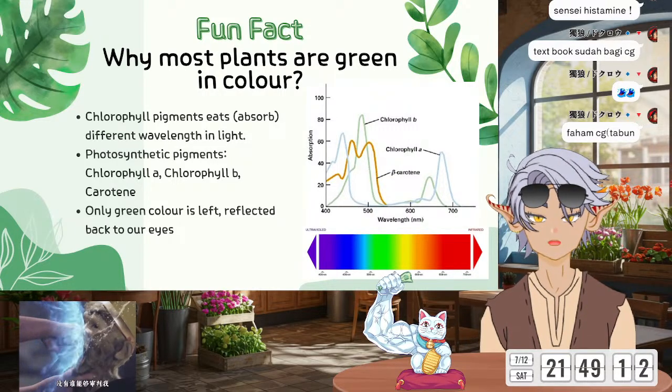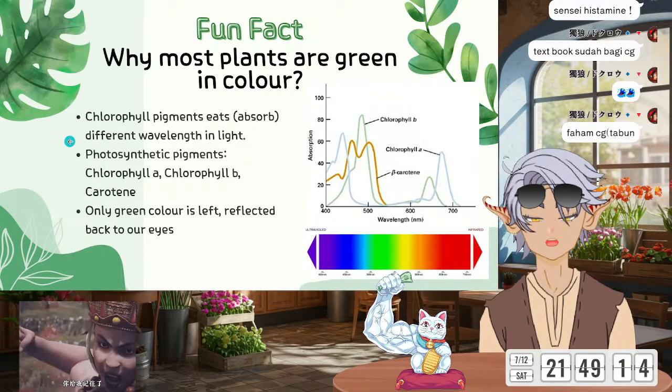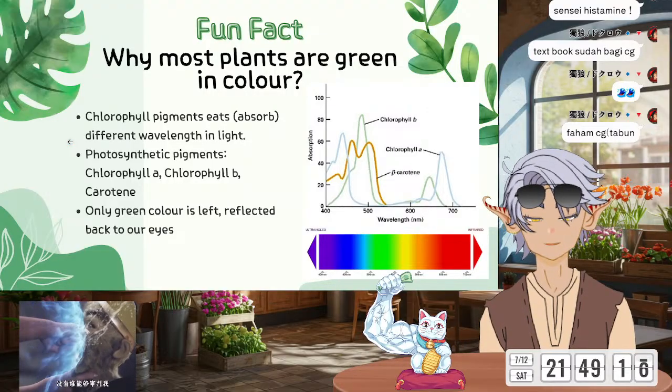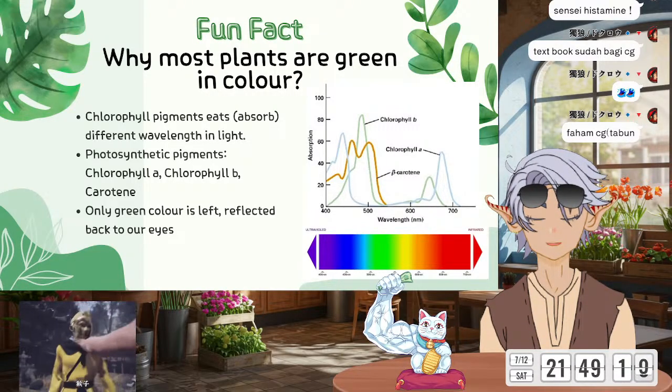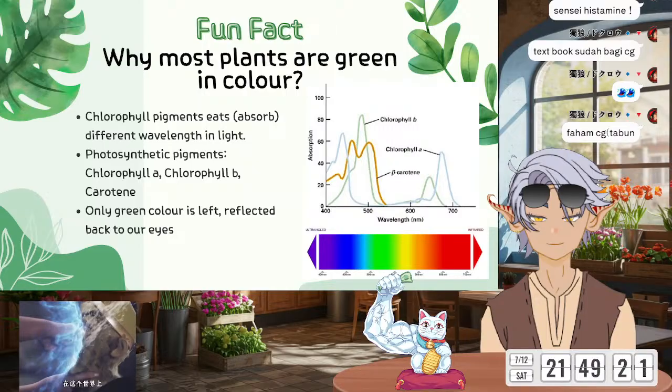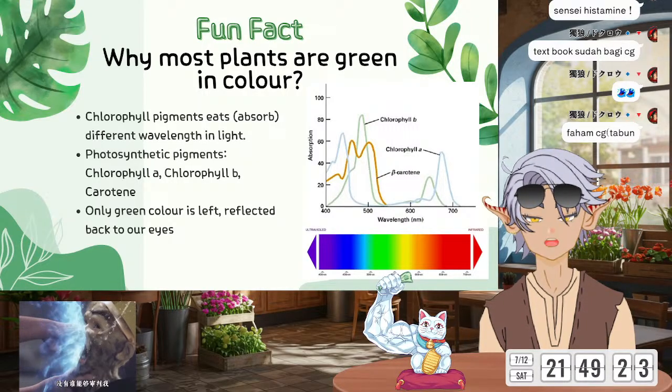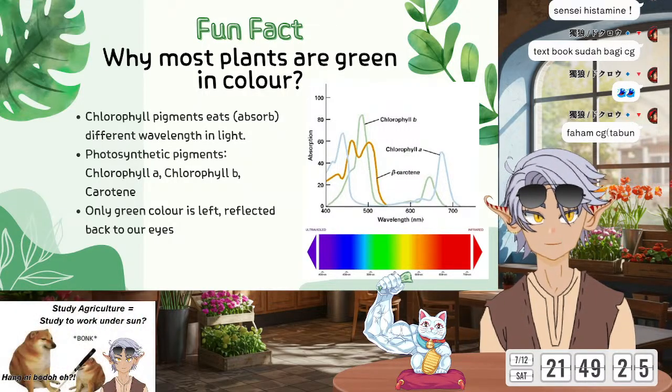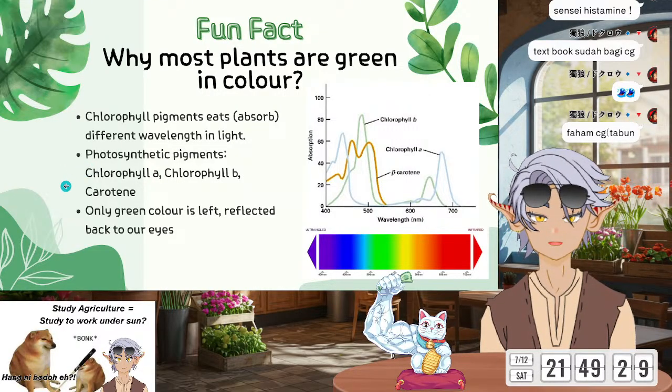So chlorophyll absorbs the different wavelengths in light. Chlorophyll is just a very general term for the pigment, just like humans have Chinese, Malay, Indian. So that will be specified. In specified form, you will have chlorophyll A, chlorophyll B, and carotene.